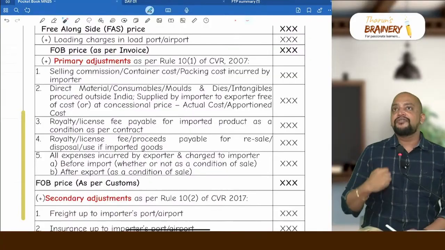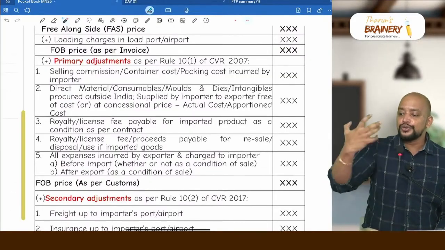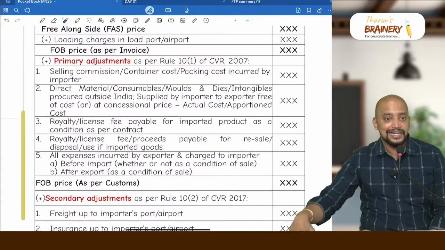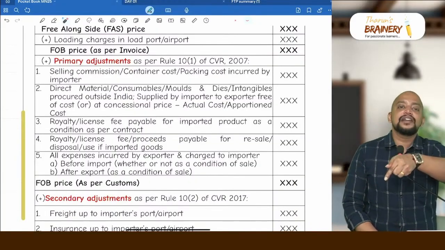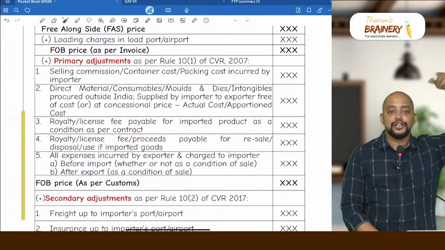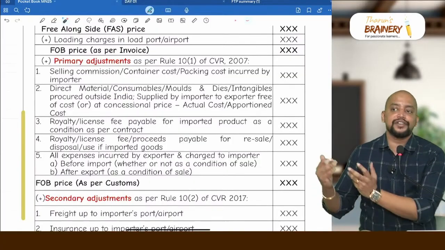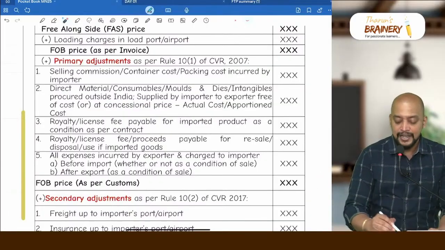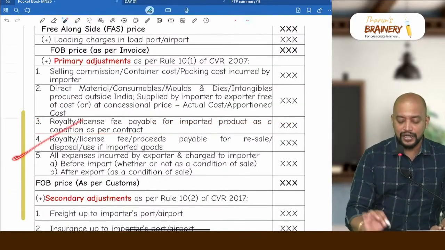For example, if I am importing an engine from a foreign manufacturer to use that engine in making an automobile in India, for that engine I need to pay a royalty, because the patent related to that engine is owned by some person. That royalty is also towards the value of the imported goods. So definitely that should be included in the value: royalty or license fee payable for the imported product as a condition as per contract.